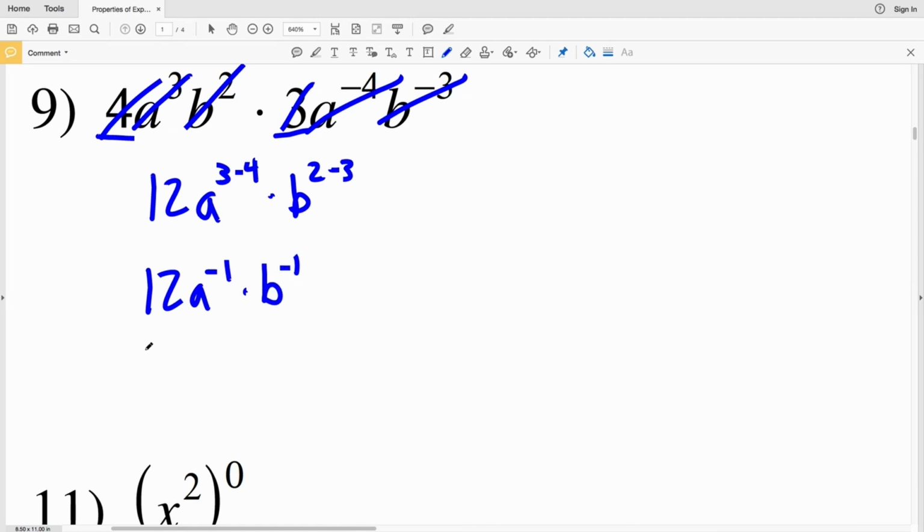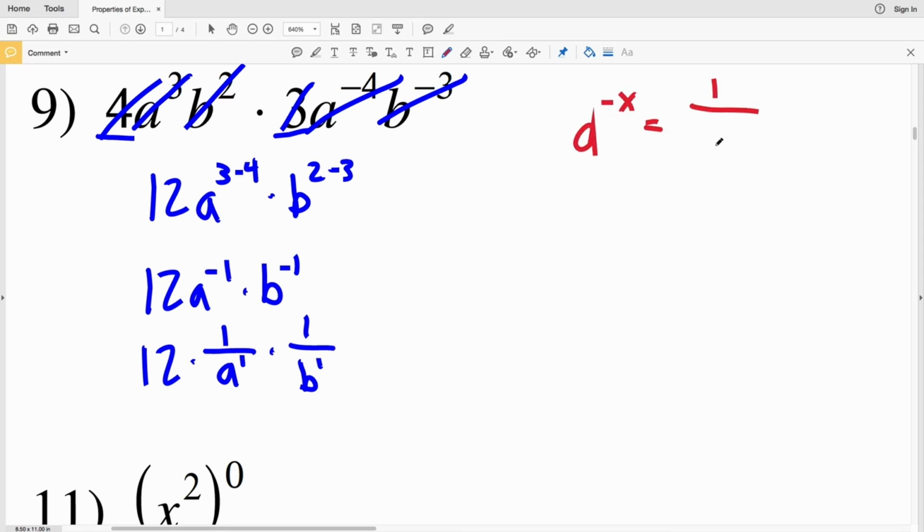I'm going to need to rewrite them as 12 times 1 over a to the first, which is 1 over a, times 1 over b to the first. And that's because when you have a negative exponent, you apply the negative exponent rule that says a to the negative x is equal to 1 over a to the positive x.